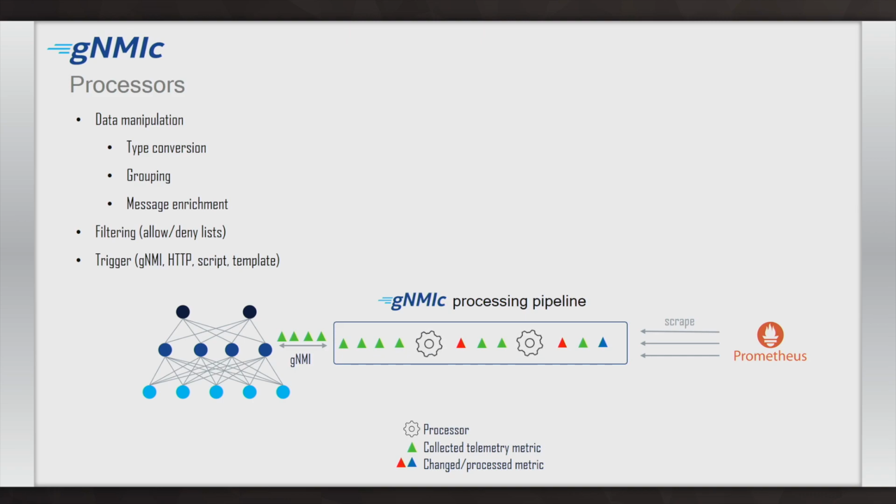So whenever you receive a notification that says an interface is down, you can trigger a gNMI get, a gNMI set, or another gNMI subscribe. You can trigger an HTTP request towards, I don't know, an alerting system saying that that interface is down. You can run a script locally, or you can take all that data and render a template against that input, which gives you another file that you can act on.